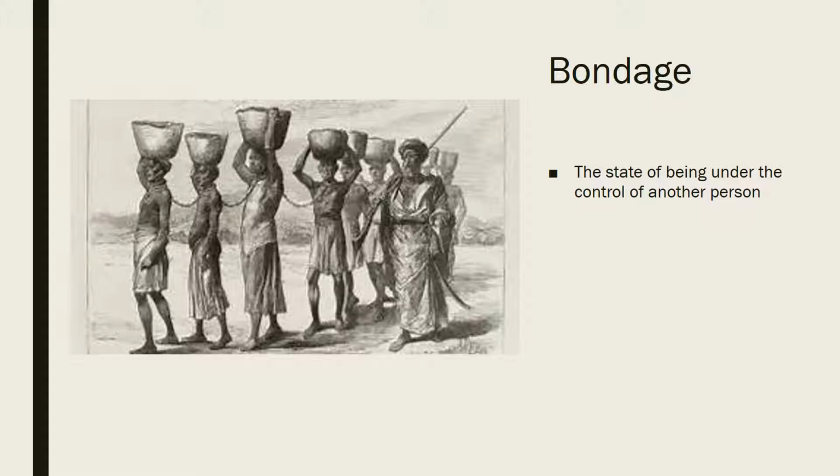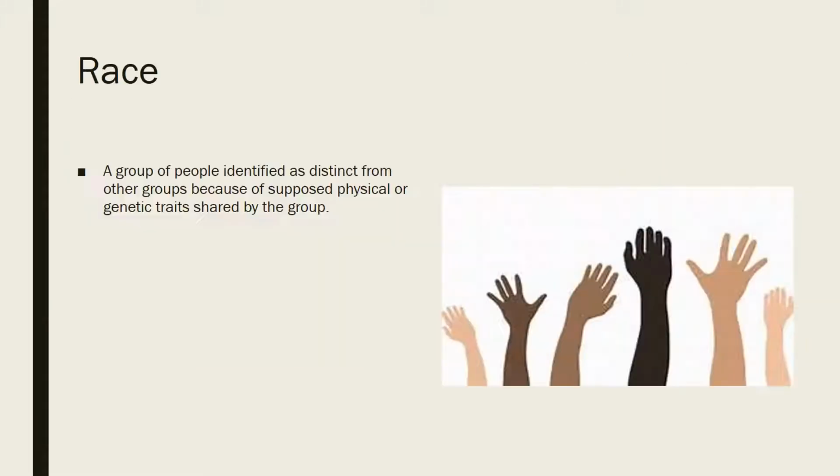They were in bondage. Race, a group of people identified as distinct from other groups because of supposed physical or genetic traits shared by the group. So different races, we have Caucasian, African American, Asian, these are different types of races.